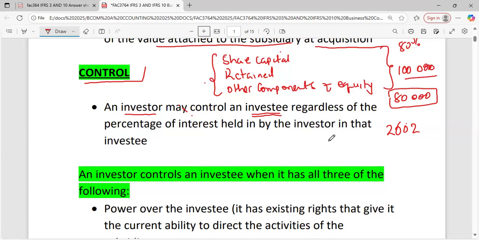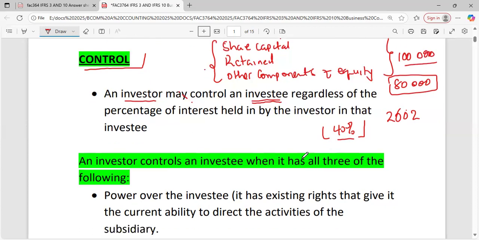Which means even if they have 40% shares in the subsidiary, they can still have control. But if you remember when we were doing our 2602, one of the major items that makes the investor have control was share ownership of more than 50%. Right?